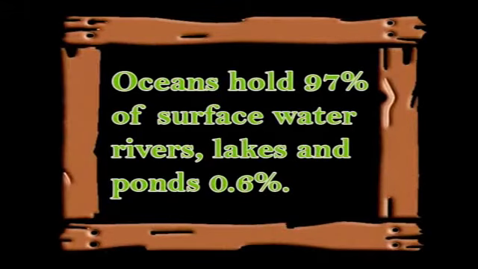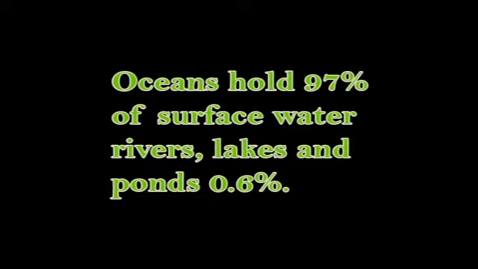Oceans hold 97% of surface water, and other land surface water such as rivers, lakes, and ponds makes up 0.6%. A very small amount of the Earth's water is contained within biological bodies and manufactured products.